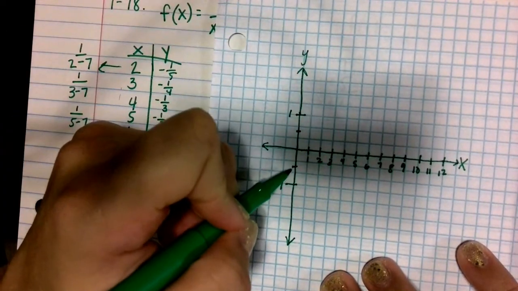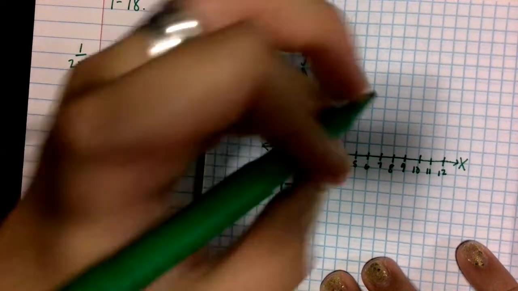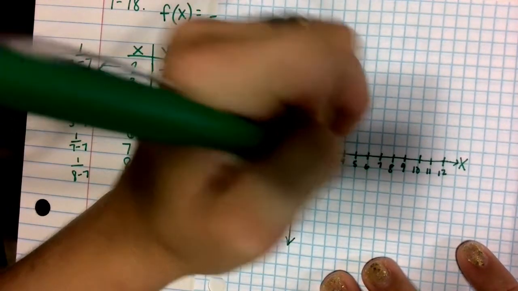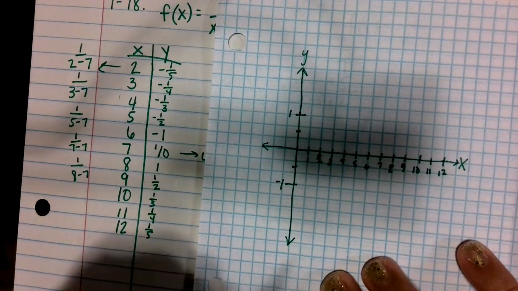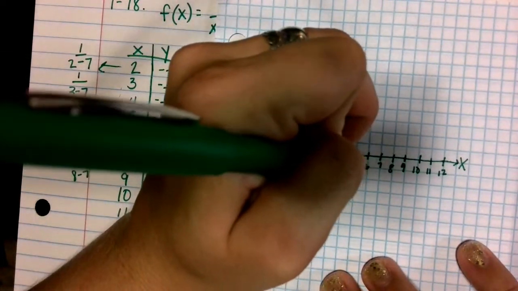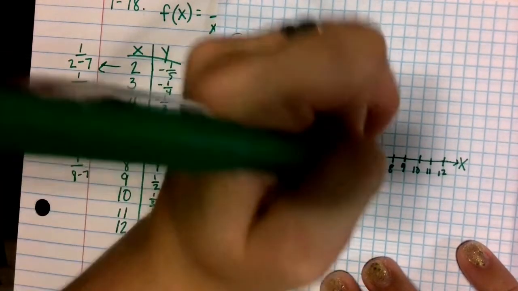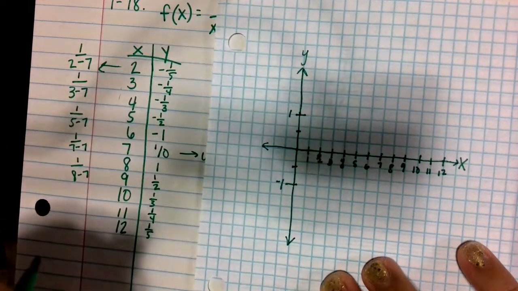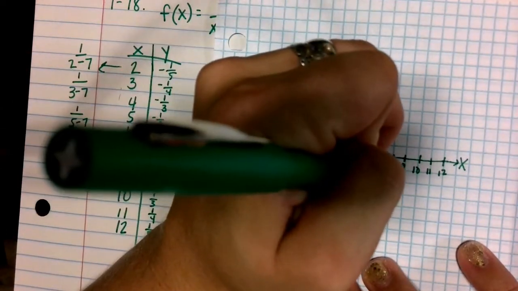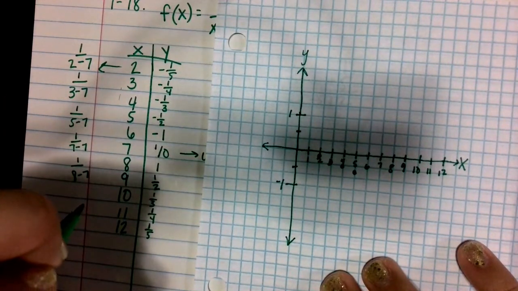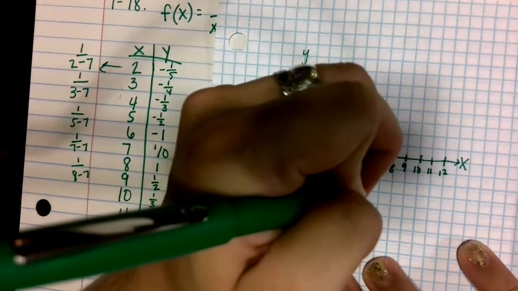Okay, so I know 1/5 is going to be way up here. And then I have 3, -1/4, which would be a little bit higher. 4, -1/3. 5 is -1/2, so that's going to be about right here. And then 6 jumps to -1 here.